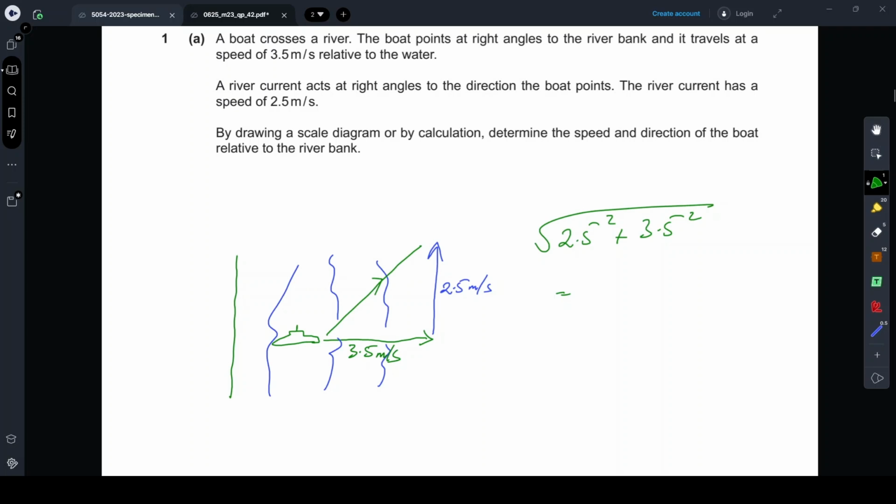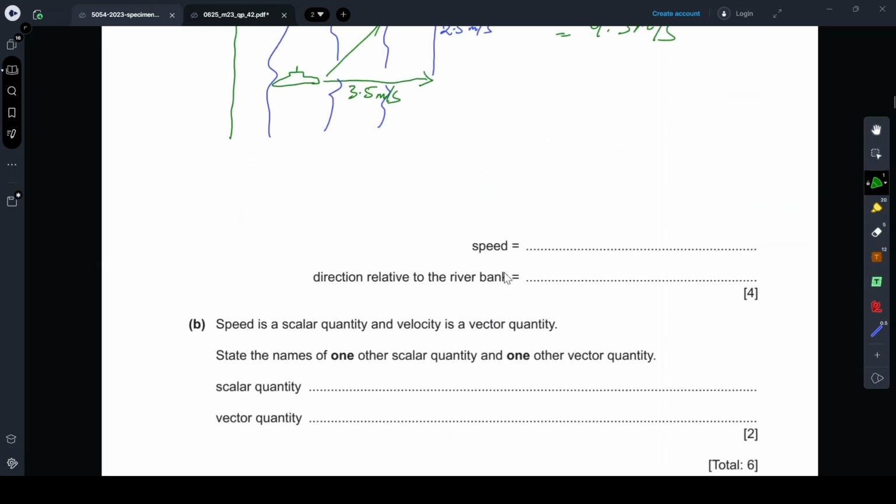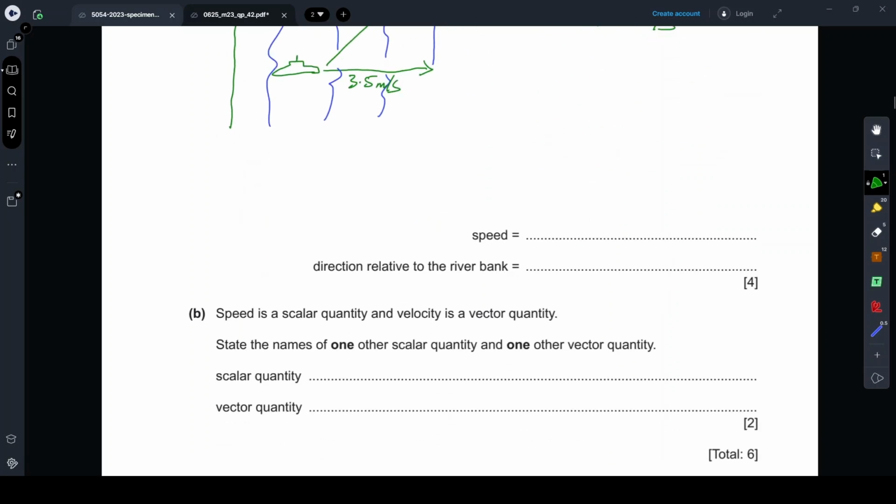And then it's going to be 4.3 meters per second. That's the resultant speed. So we have 4.3 meters per second.